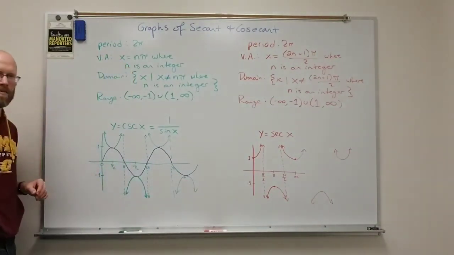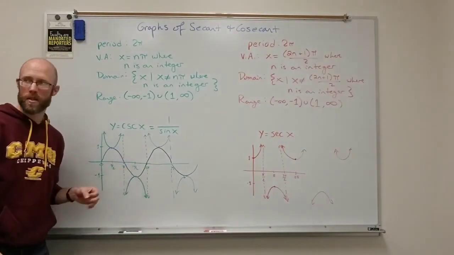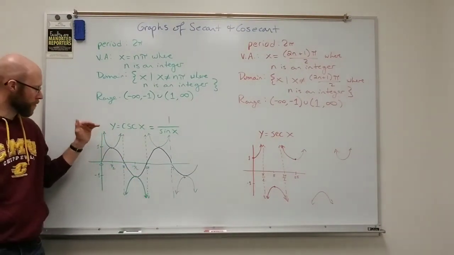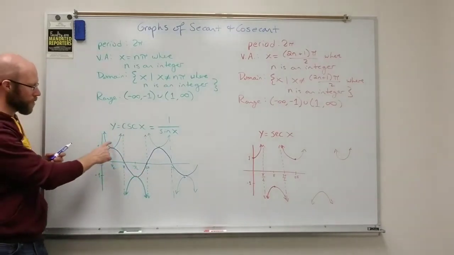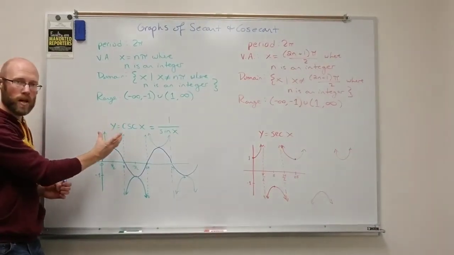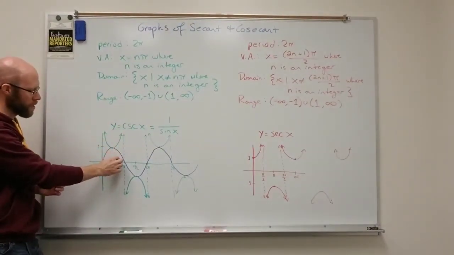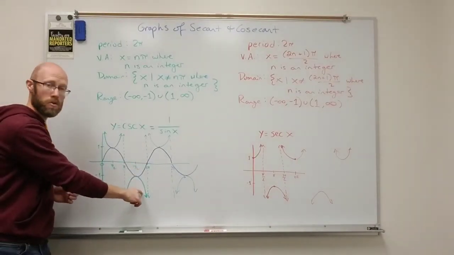Continue that on, okay? And you can see they kind of meet up at certain places. At the peak and the valley of the sine function, it meets up with the cosecant function, and they go in the same sort of direction. So when the sine is above the x-axis, the cosecant is, and when the sine is below, the cosecant is also.